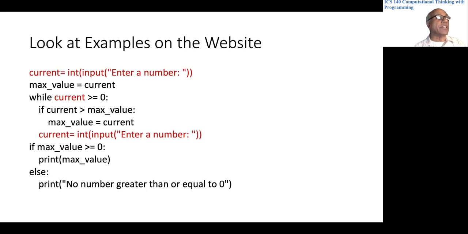For example, if you get numbers 2, 7, 9, 3, then you want to say 9 is the largest number. And we will assume that all numbers are greater than or equal to 0.